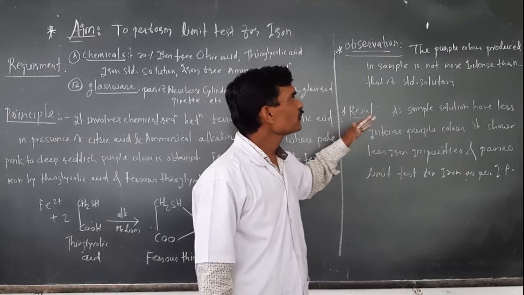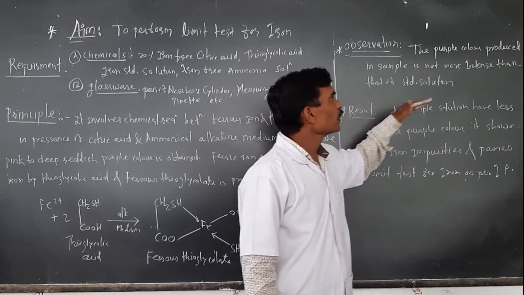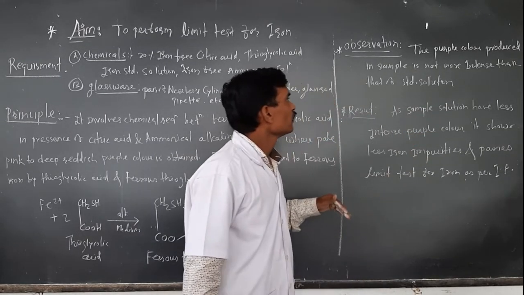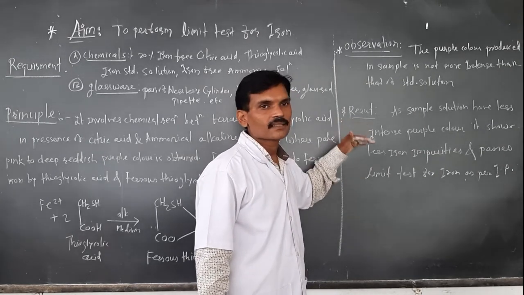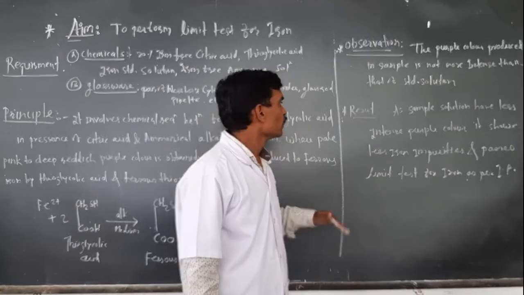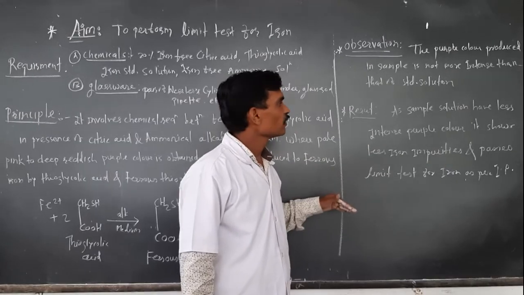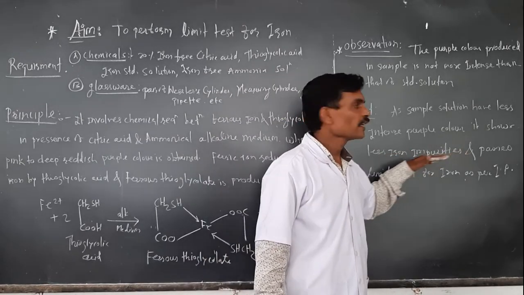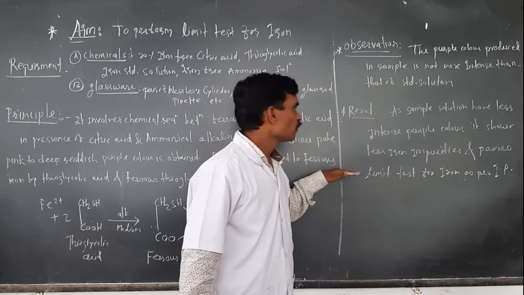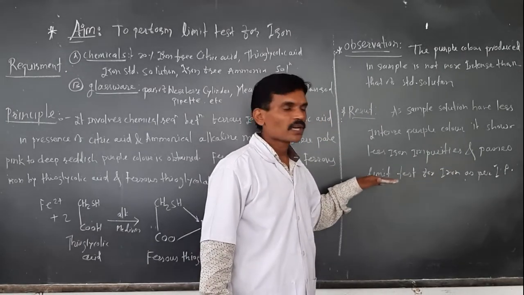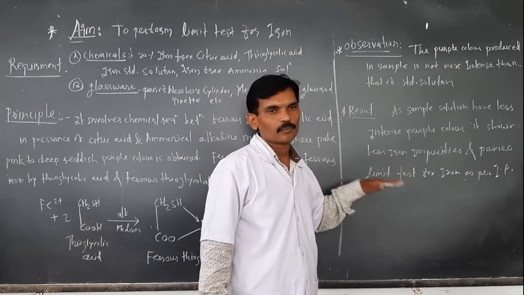We observed that the test sample shows less color intensity as compared to that of standard, and we can say that our test sample has less impurity as compared to standard. So our today's practical result is that we can conclude that the sample solution has less intense purple color, shows less iron impurities and passes the limit test for iron as per IP.